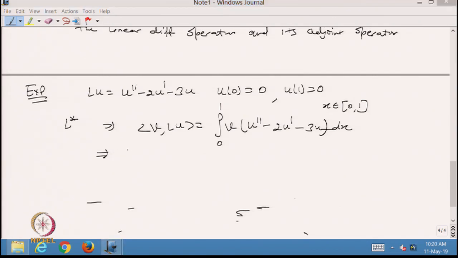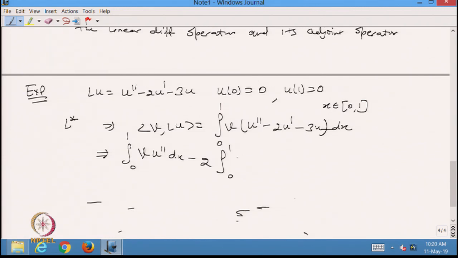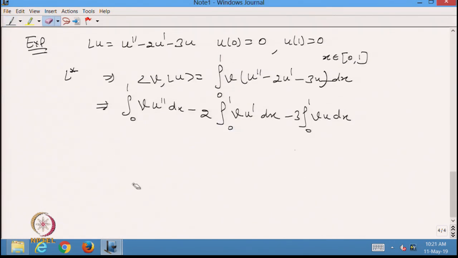So, from here I write this integration from 0 to 1 of v u double dash dx, minus 2 times the integral from 0 to 1 of v u dash dx, minus 3 times the integral from 0 to 1 of v u dx. Now I will try to solve this integration by parts.